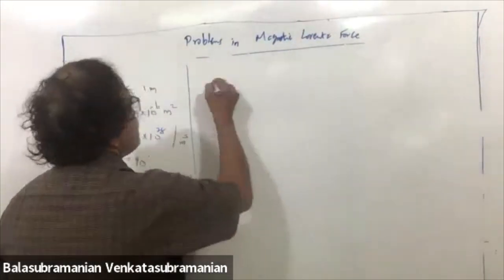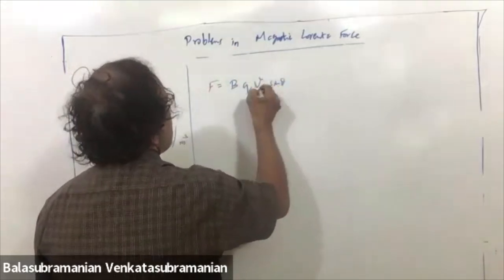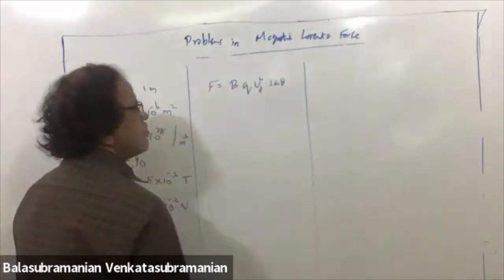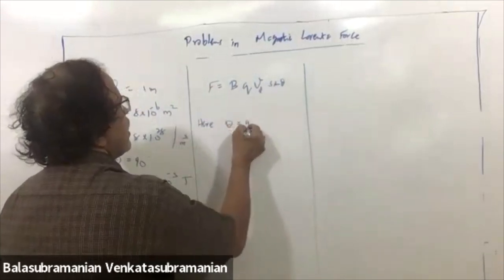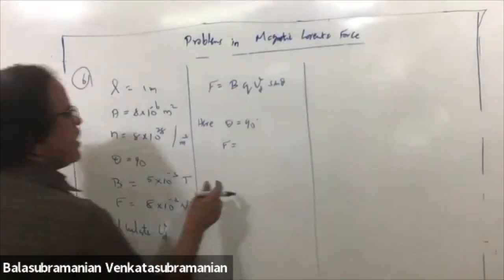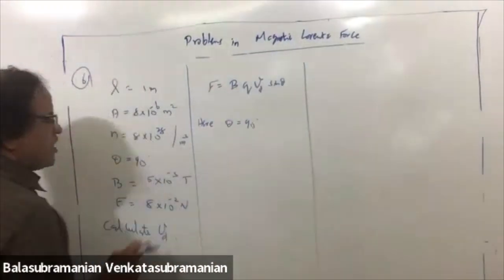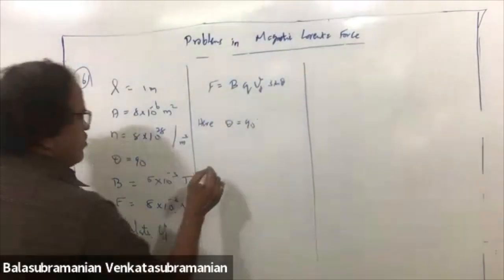Formula F is equal to BQV sin theta, in our case B Q V D. So here theta 90, force 8 into 10 power minus 2, B given. Q we have to calculate.